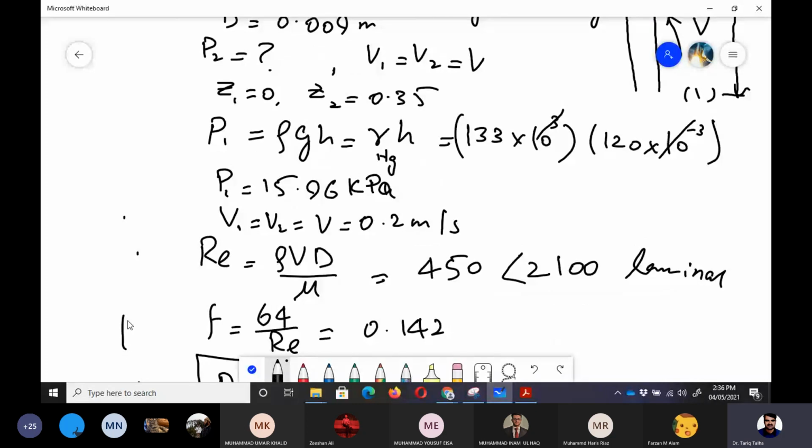So if we put in the values in the relation with Z2 equal to 0, the P2 value comes out to be 15.85.